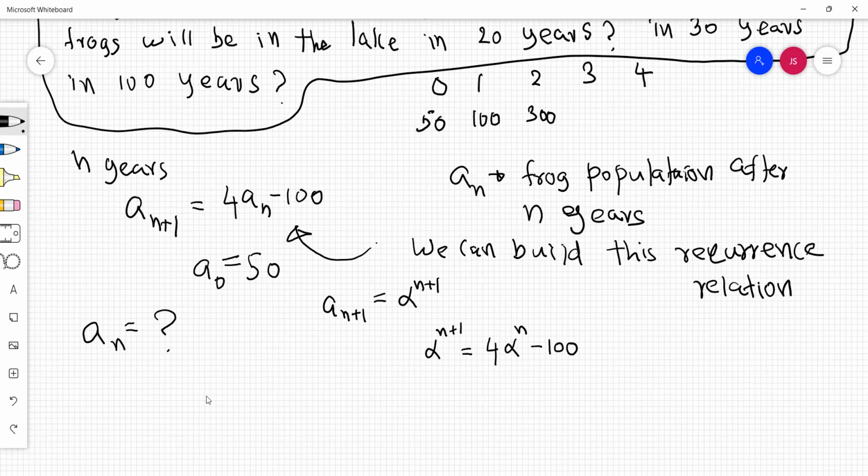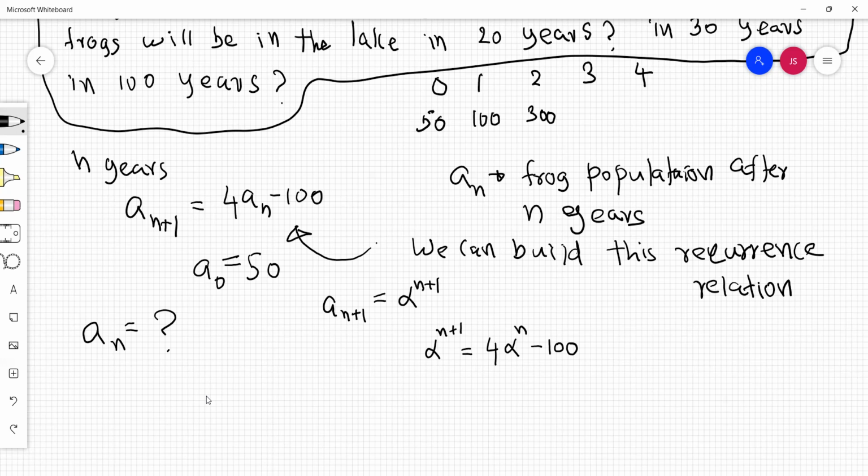Last time we learned to solve which recurrence relations? Second order linear ones. Is this a second order linear one?